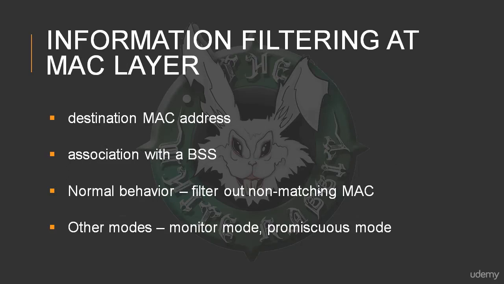Besides the physical layer, there is also filtering happening at the MAC layer. So the subset of frames that pass through the physical layer filtering and come to the MAC layer then get further filtered based on things like the destination MAC address. Usually you are only interested in frames that are addressed to you. So the network interface card checks the MAC address, and if the destination is not you, it's an unknown MAC address, it also discards the frame.